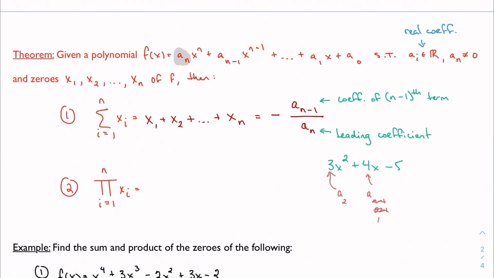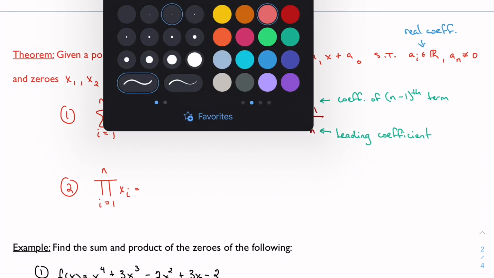If I had 20, I'd be looking at a sub 20 and a sub 19. It's not necessarily just the next term in the polynomial, it's the one of degree 1 lower, which may not always be there, and you'll see that in a second.